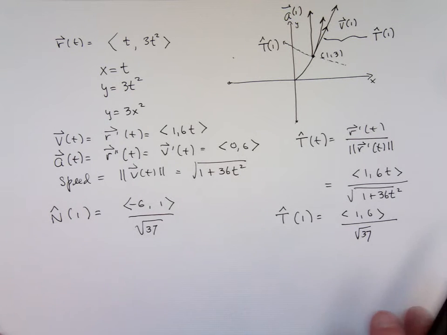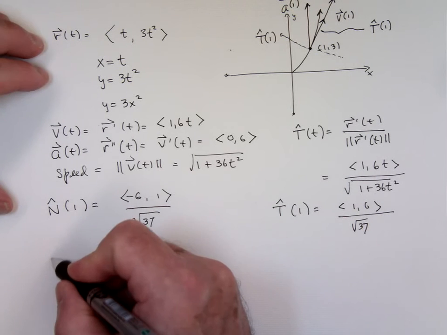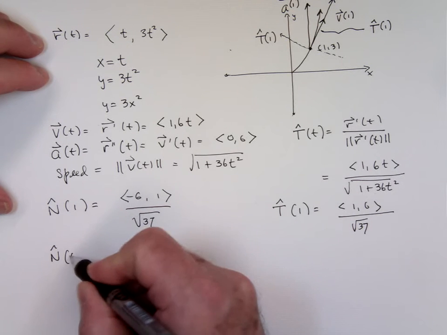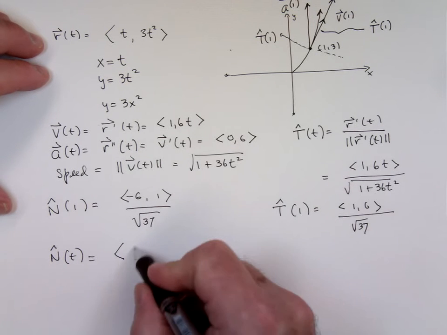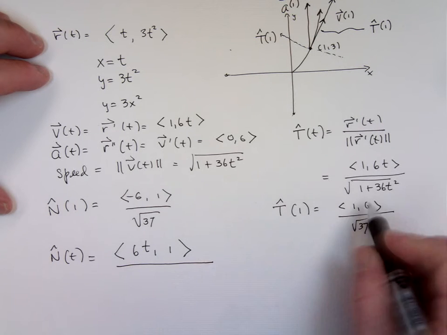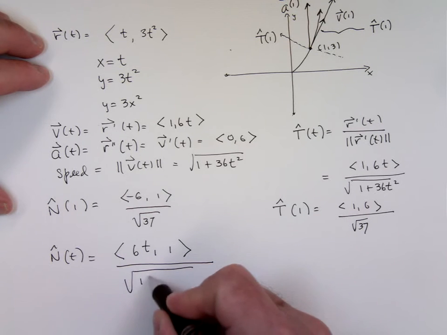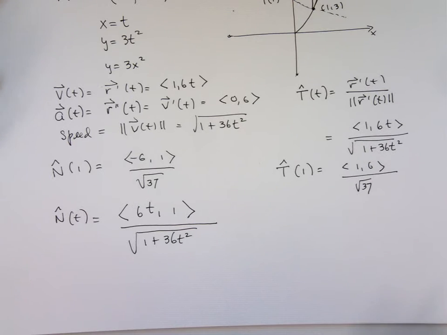Okay. We could do the principal unit normal in general, which I didn't do. Let's do that. In general, we'll take the tangent, we'll swap it. When you say in general, you mean just the symbolic representation of it? Yeah. Not at that particular point, but at any point.